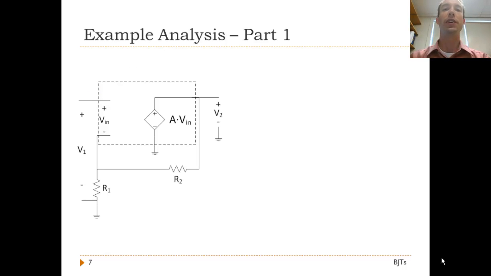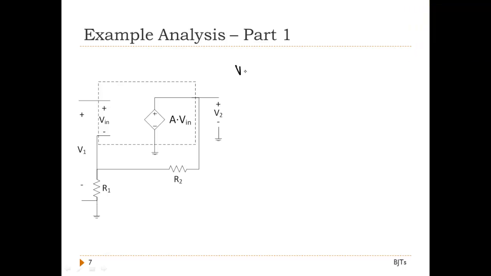Using this new model, we can relatively easily come up with a relationship between V2 and V1. We can first recognize that the voltage at V2 is equal to the voltage of the dependent voltage source AVn. We know that Vn is equal to Vn plus minus Vn minus, giving V2 equals A times (Vn plus minus Vn minus).